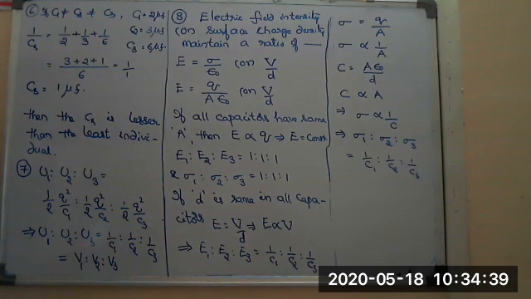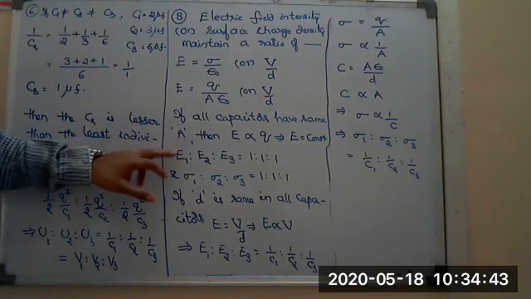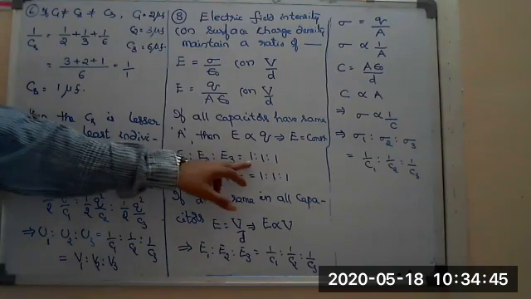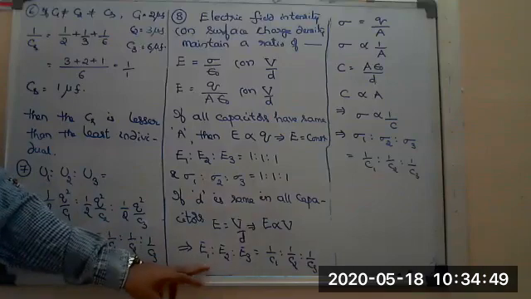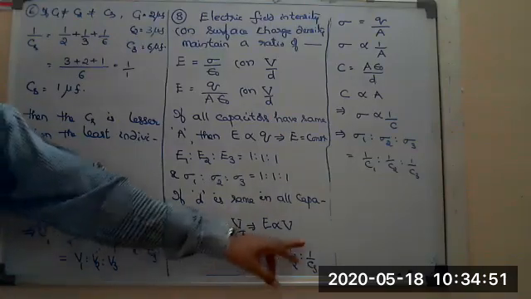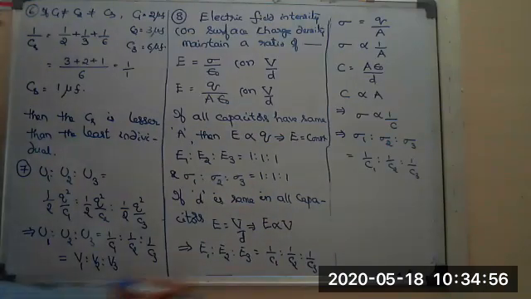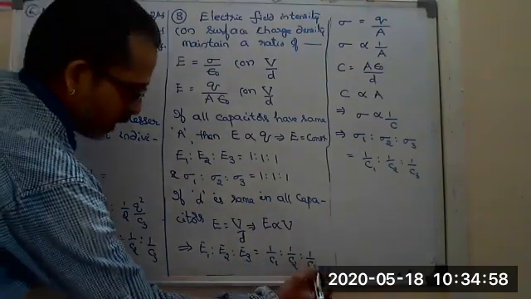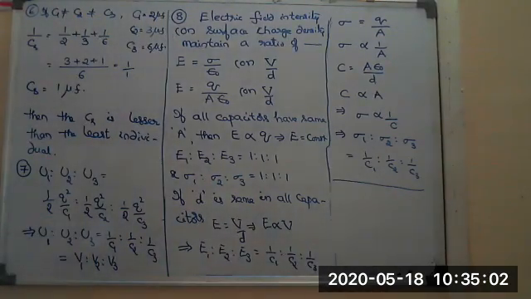Here the ratio is 1 is to 1 is to 1. If the electric field intensities maintain a ratio 1 is to 1 is to 1, the sigma's ratio is also the same. If they maintain, suppose, 1 by C1 is to 1 by C2 is to 1 by C3, look, the sigma's ratio is also the same. So you can remember these 2 points for the ratio of electric field intensity and surface charge density.